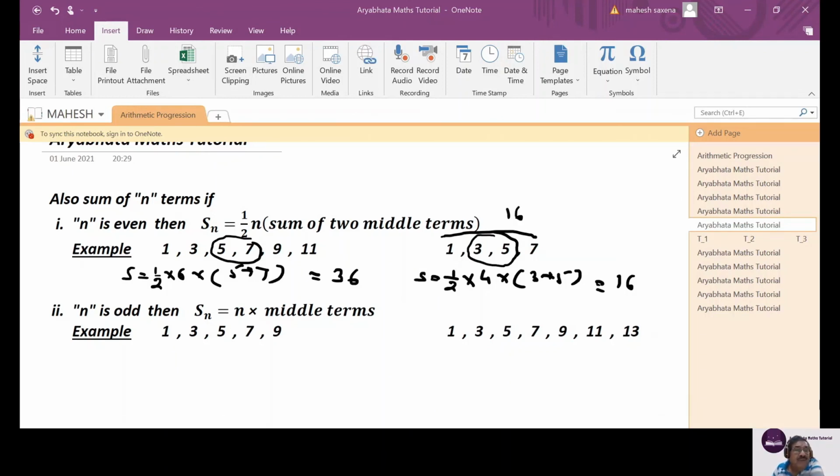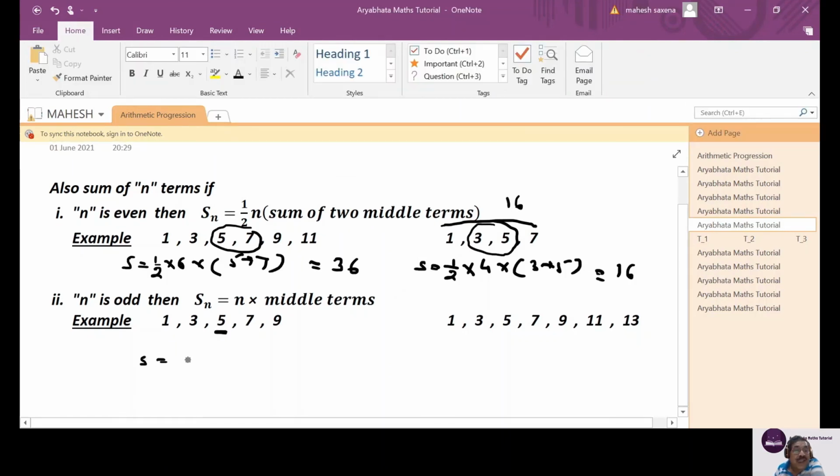Similarly, if the number of terms is odd, then the sum of the terms is n into the middle term. For example, suppose the terms are 1, 3, 5, 7, 9. There are 5 terms, which is odd, and the middle term is 5.